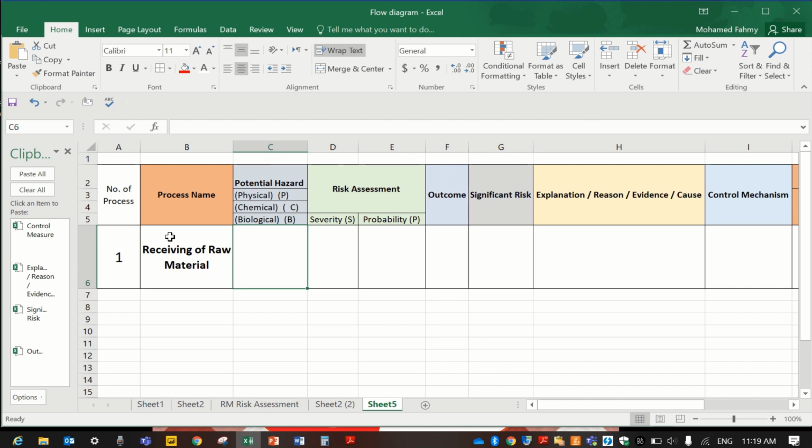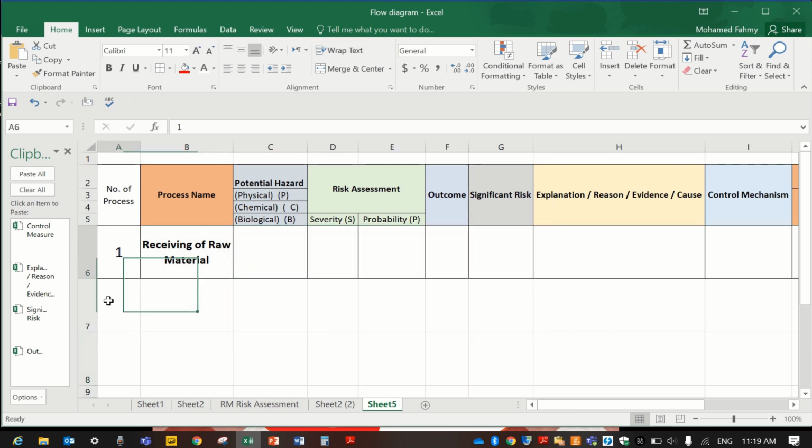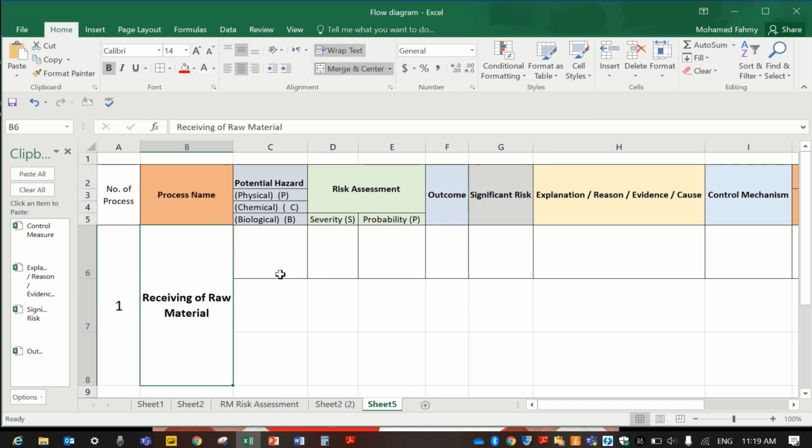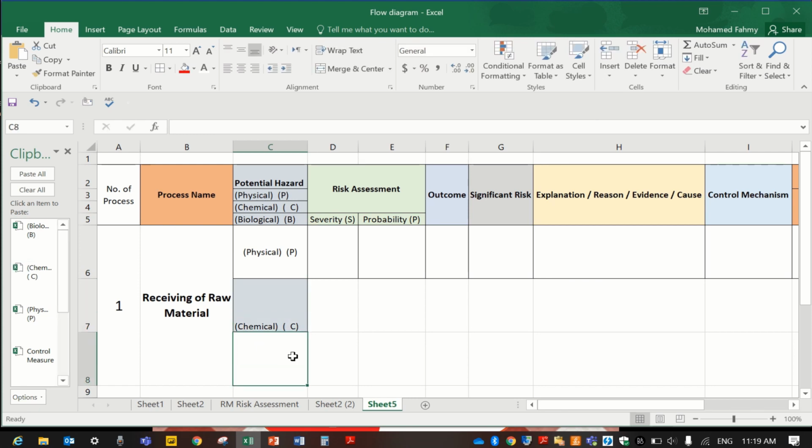Each process you must make this way, merge here and also merge here, and you must mention separately the different hazards for each one: the physical hazard, the chemical hazard, and the biological hazard.